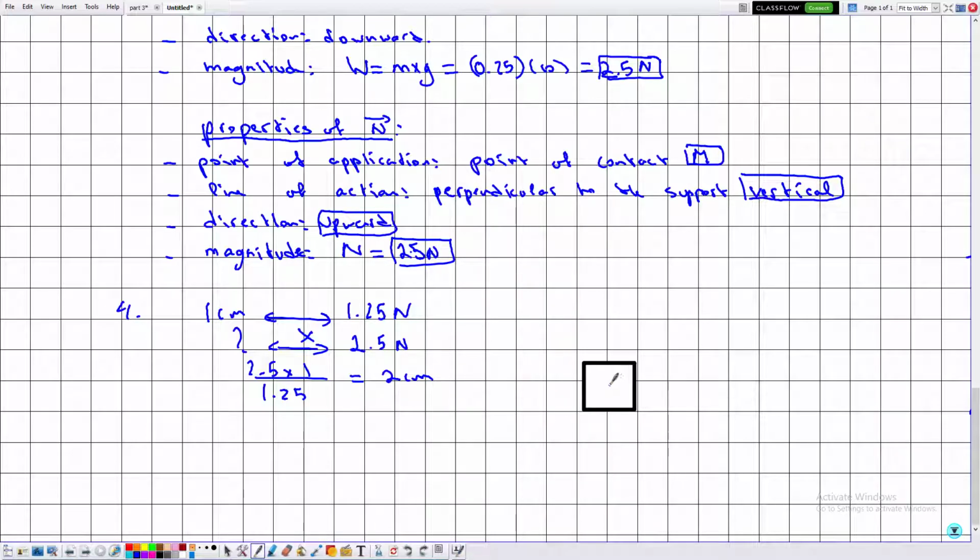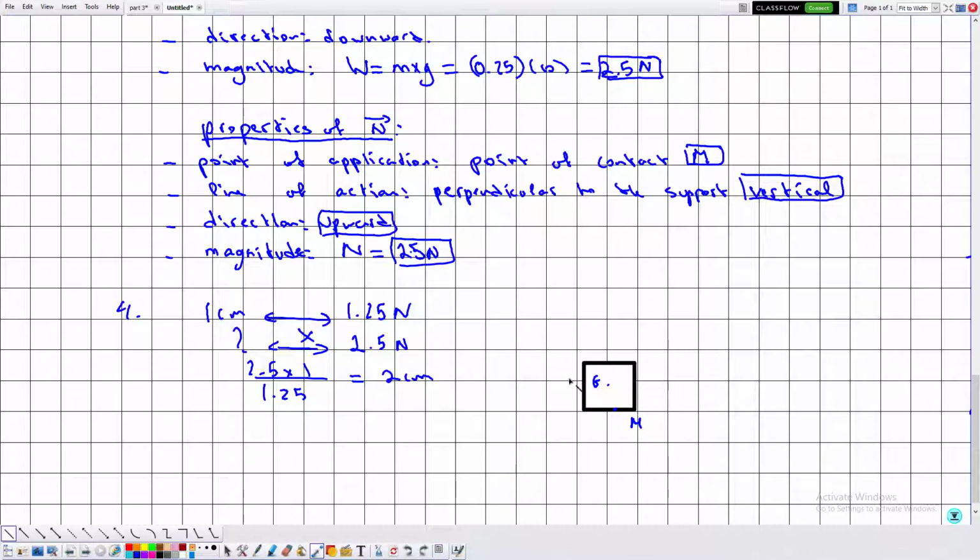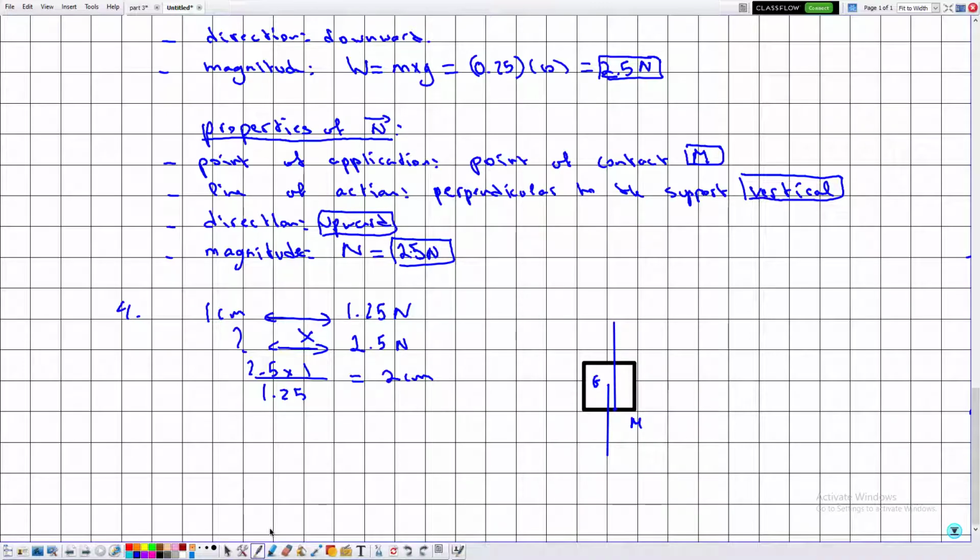This is the point G. This is the point M. This is the weight vertically downward like this. This is the normal reaction vertically upward like this. This is 2 centimeters worth 2.5 newtons. And this is 2 centimeters worth 2.5 newtons. Okay.